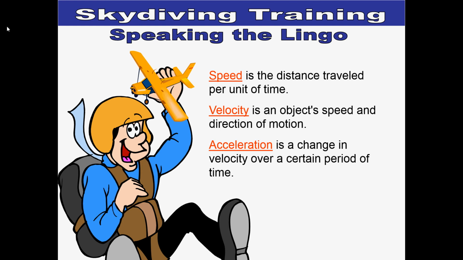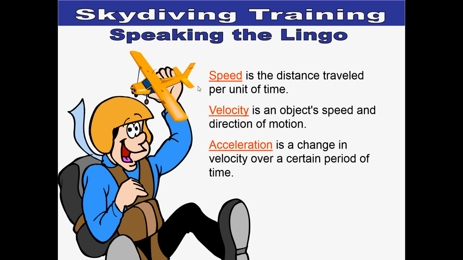All right, so a couple of things before we get started here. First and most importantly, this guy here is Fearless Fred, who knows no fear. Fearless Fred will go through a lot of things today. We're also going to learn a couple of terms. Speed is the distance an object travels in a unit of time.